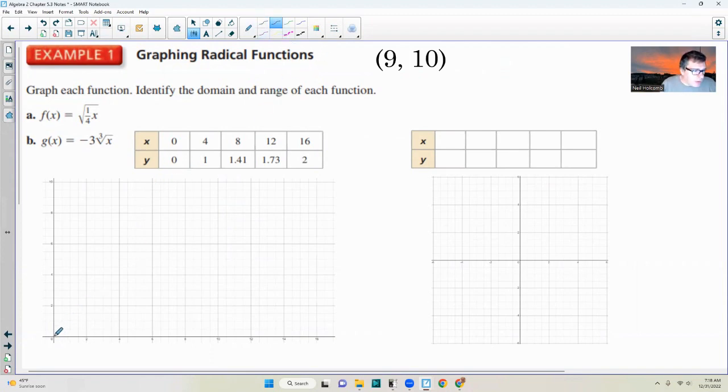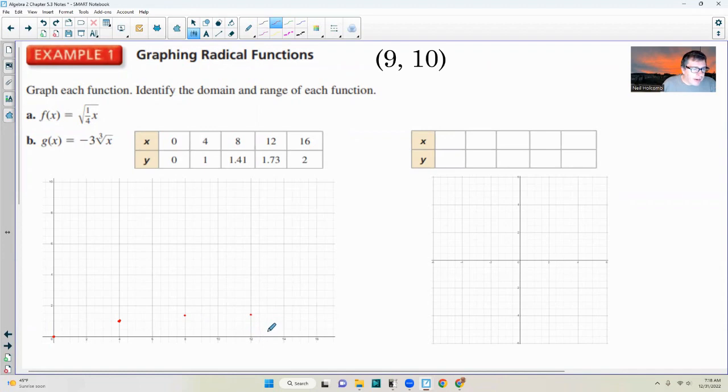I plot the point 0, 0, which is right here. Then I go over to 4 and up to 1, which is right here. Then I go over to 8 and up to 1.4 something, which is just below 1.5, and then here's 2. If I go over to 12, I'm up to 1.73, which is almost 1.75.